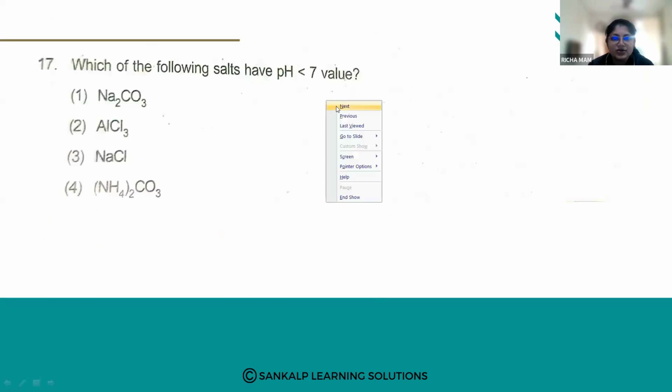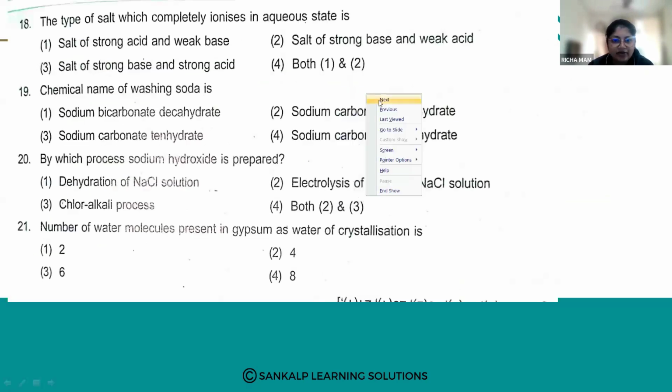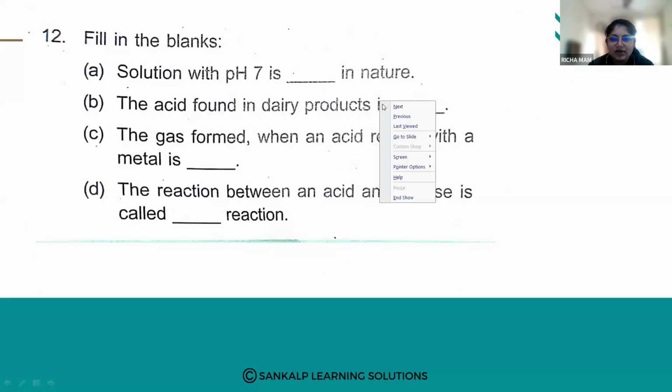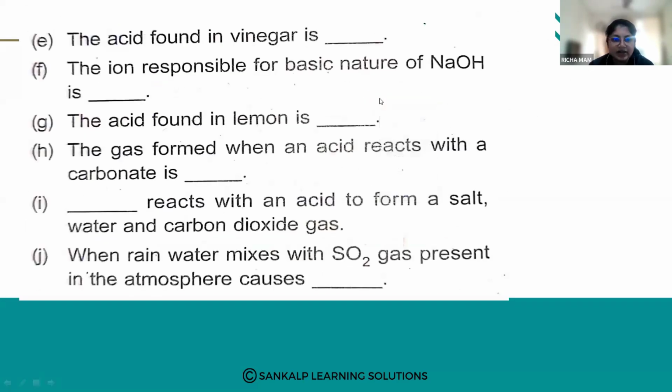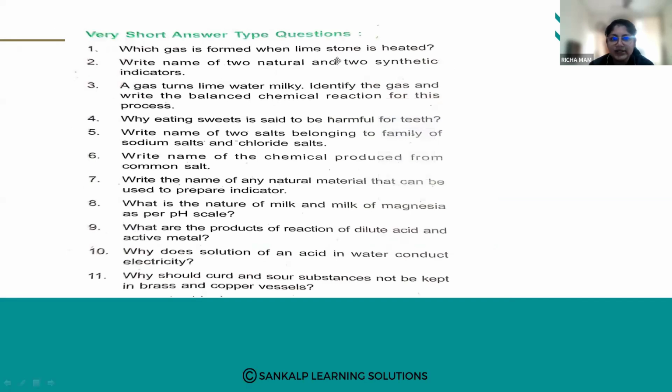These were the questions we have already discussed, and we have discussed the fill in the blanks also. These are the very short answer type questions. Shall we start with these questions and answers?